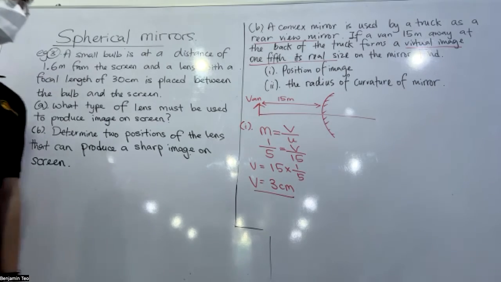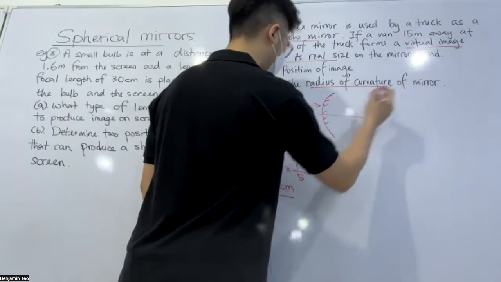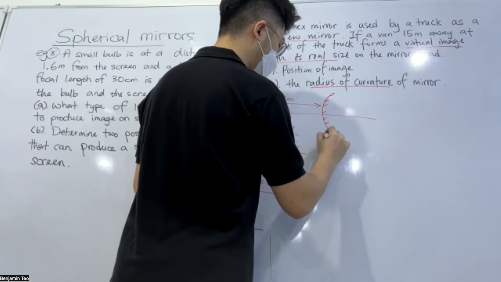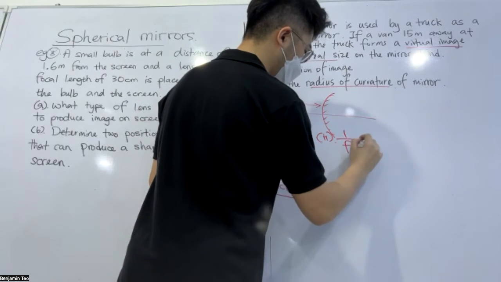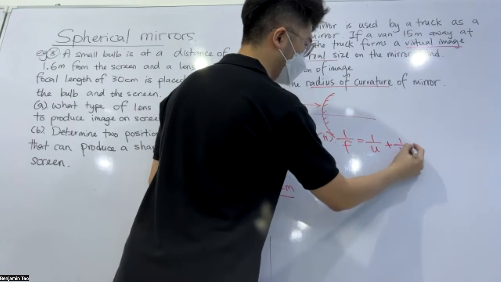Okay. The radius of curvature of the mirror. Radius of curvature. So get the focal length first. Just 1 degree plus 1 degree.